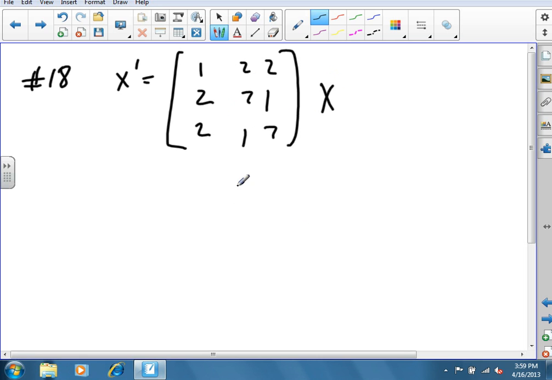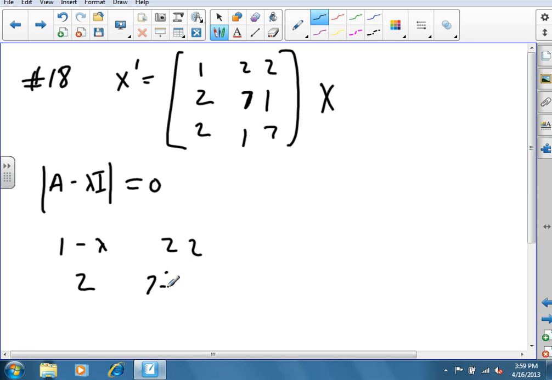Okay, so that's my A. So I want to go A minus lambda I, determinant of it, and set it equal to 0. Okay, so I've got 1 minus lambda, 2, 2. 2, is that a 7? That's a 7. 7 minus lambda, 1. 2, 1, 7 minus lambda.